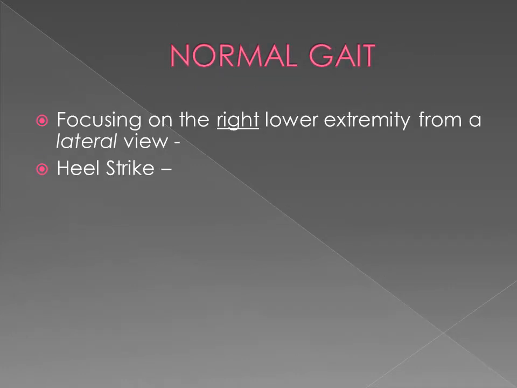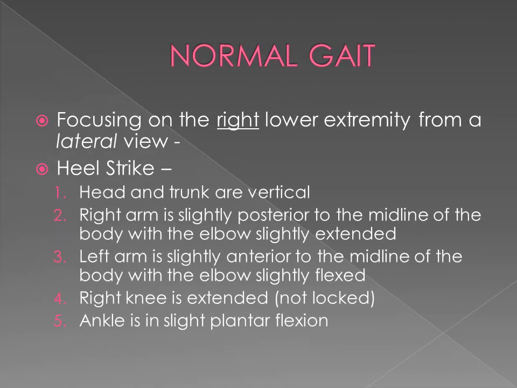Okay, so let's talk about the heel strike phase of gait and findings that we would see in the presence of normal gait at heel strike, and some possible deviations from the normal gait in the presence of pathologic conditions. Focusing all of our attention now on the heel strike phase of gait, in this example we're again talking about the right foot.